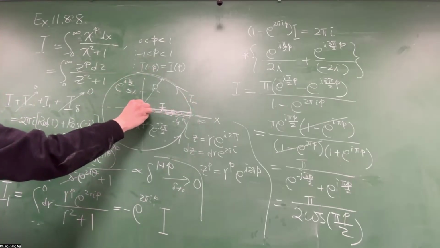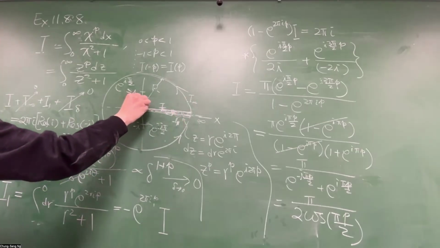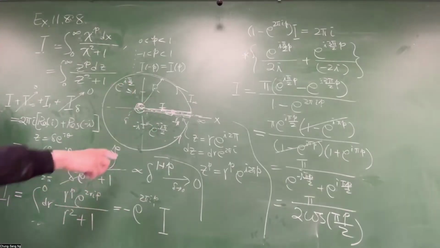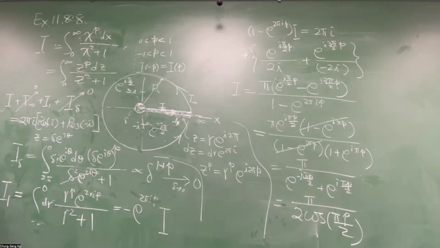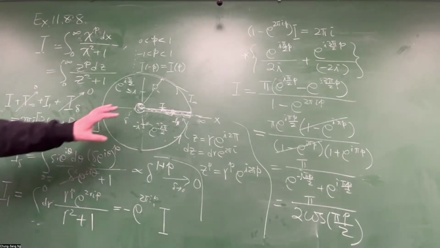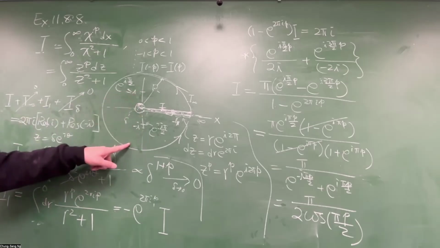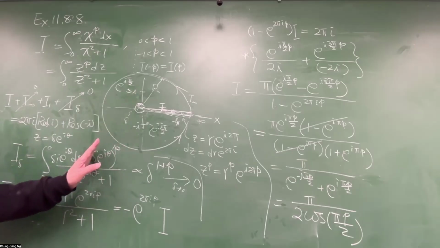Going below the branch cut back to delta is I sub 1. And then going around, connecting the two straight lines, is this I sub delta, this little circle. And then everything, we exclude the branch point, but we still include the 2 poles inside the loop. Okay, so that's the contour.